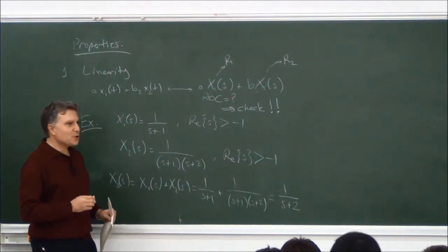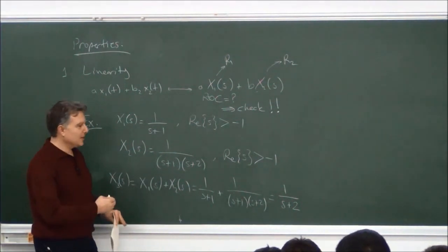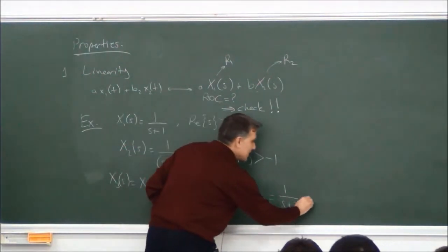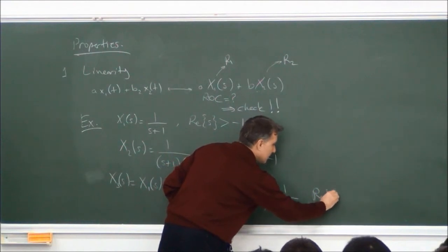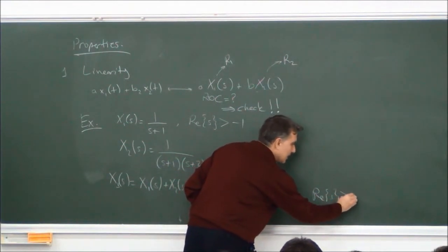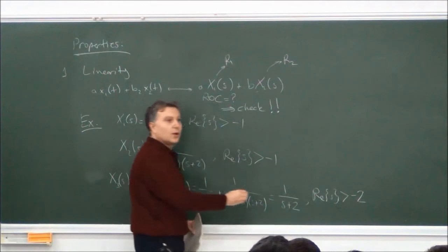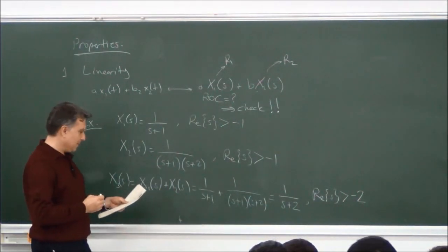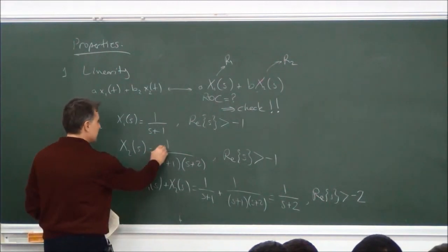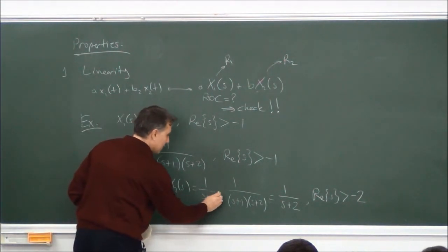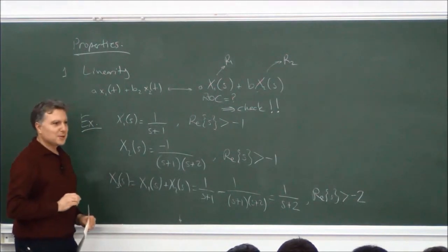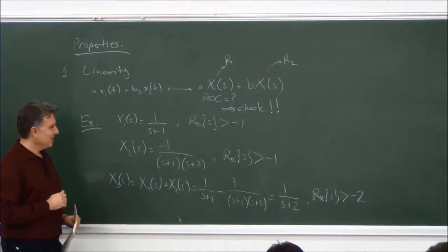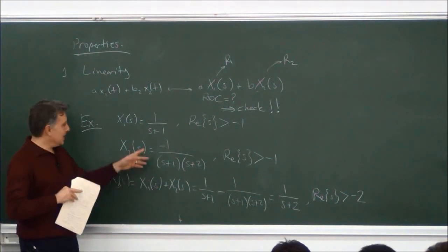And the region of convergence of two right-hand sided things will correspond to a right-hand sided signal, and the region of convergence is therefore real part of S is greater than -2. Really? Then this must be minus. Just check it out again. Hopefully this time it will work out. But it doesn't matter really.